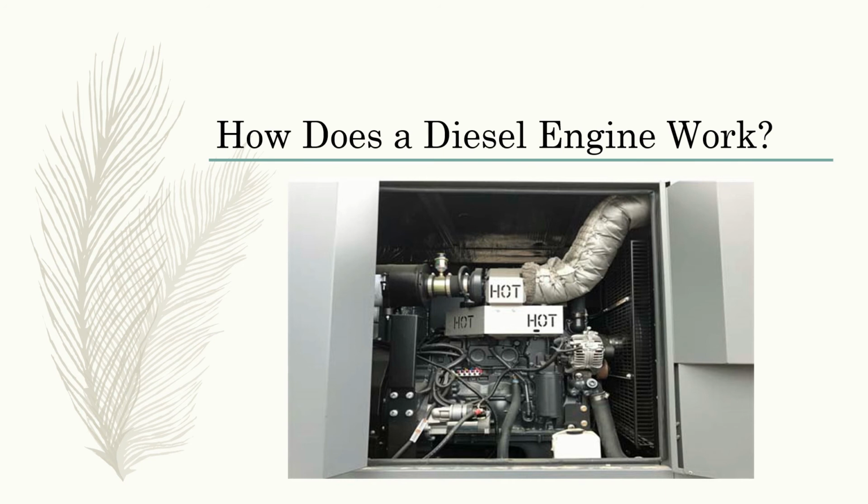An internal combustion engine, which they call an IC engine, transforms the chemical energy in the fuel into mechanical energy. Diesel engines, which have been serving mankind for over a century, are the most versatile and economical IC engines.